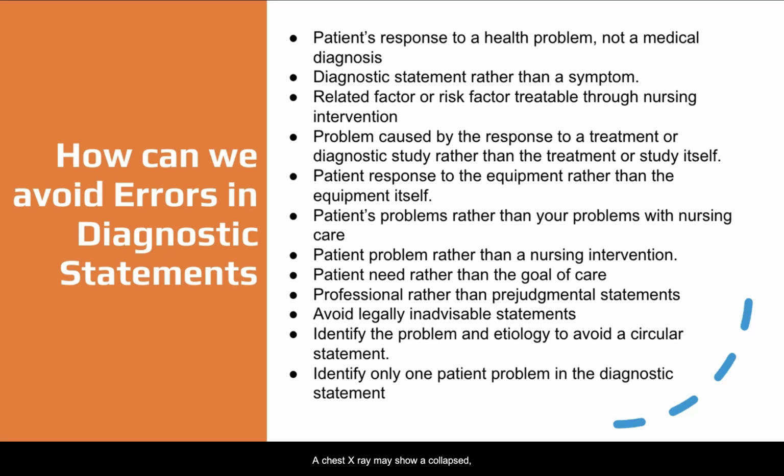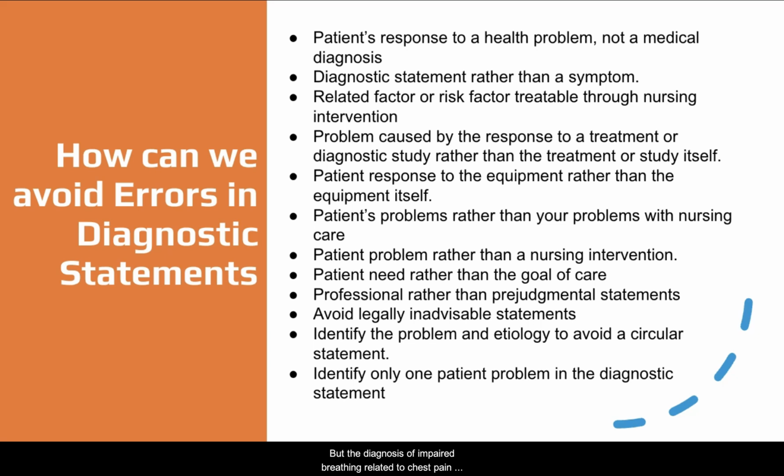A chest x-ray may show a collapsed lung in that area. So the nursing diagnosis of impaired breathing related to shallow respirations is incorrect, right? There are no interventions that directly make respirations less shallow. You can't fix the patient's lung problem, right?